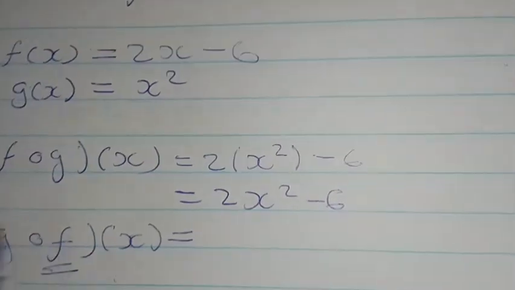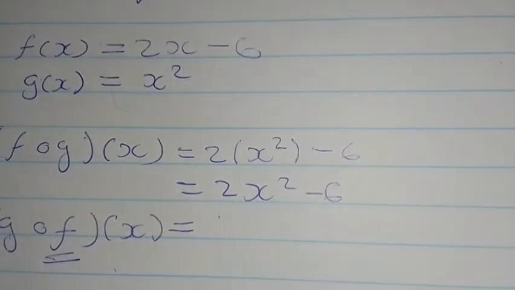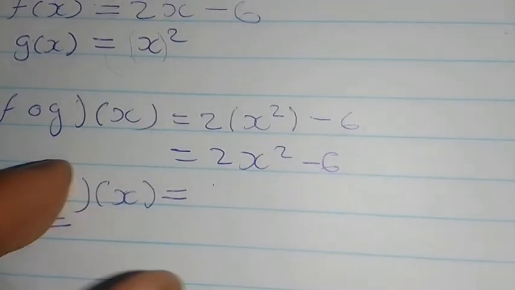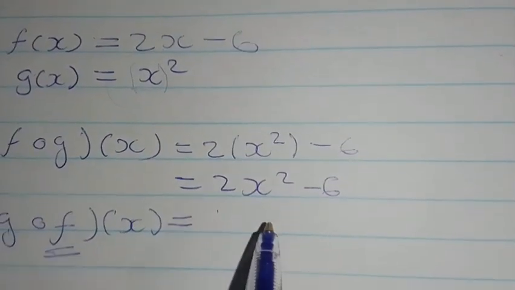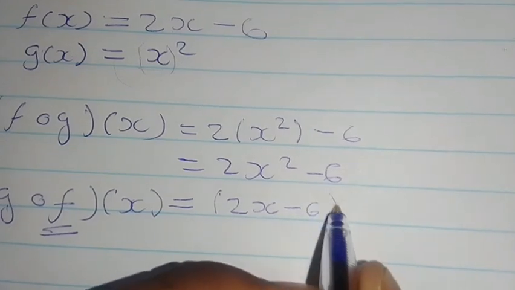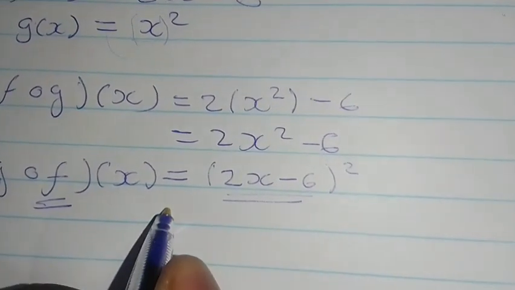Now let's focus on g at x. G at x is x squared. Now we have x squared. I can put brackets here to make it simple. Then where we have x, we substitute 2x minus 6. So we have 2x minus 6 squared, because that's x in g. So we substitute f there.